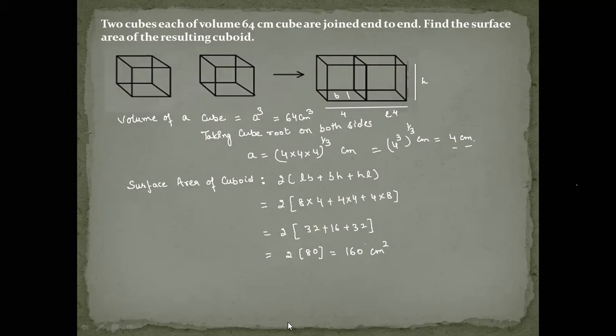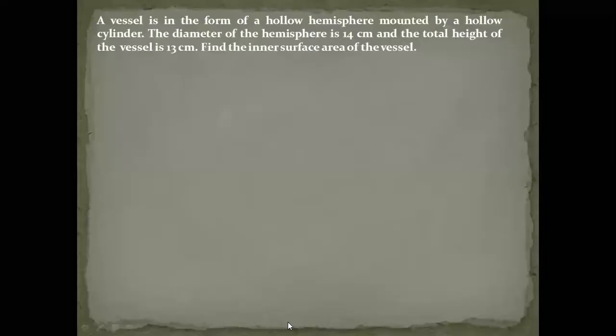The second question is: a vessel is in the form of a hollow hemisphere mounted by a hollow cylinder. The diameter of the hemisphere is 14 centimeter, and the total height of the vessel is 13 centimeter.